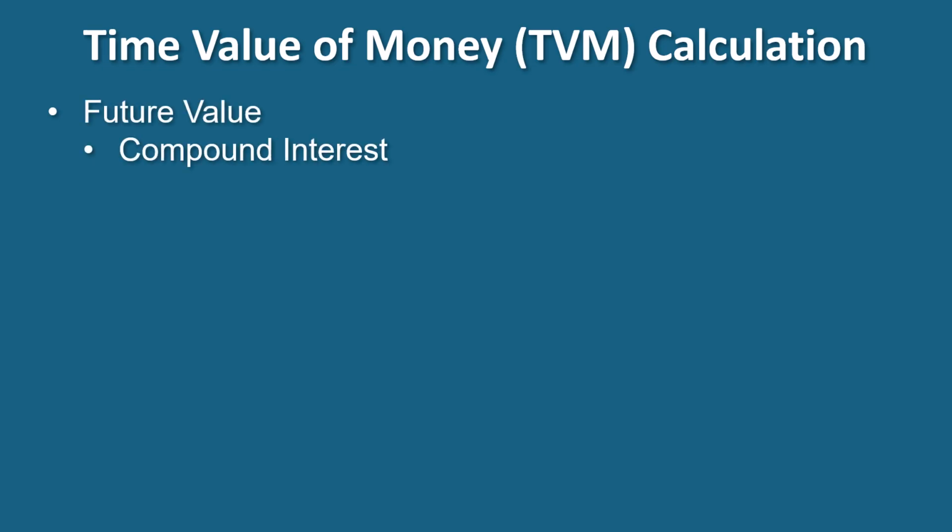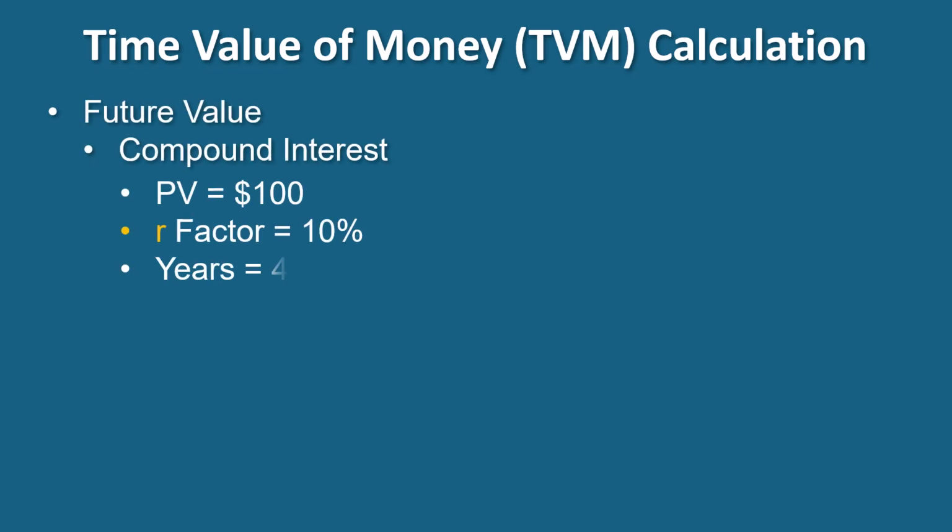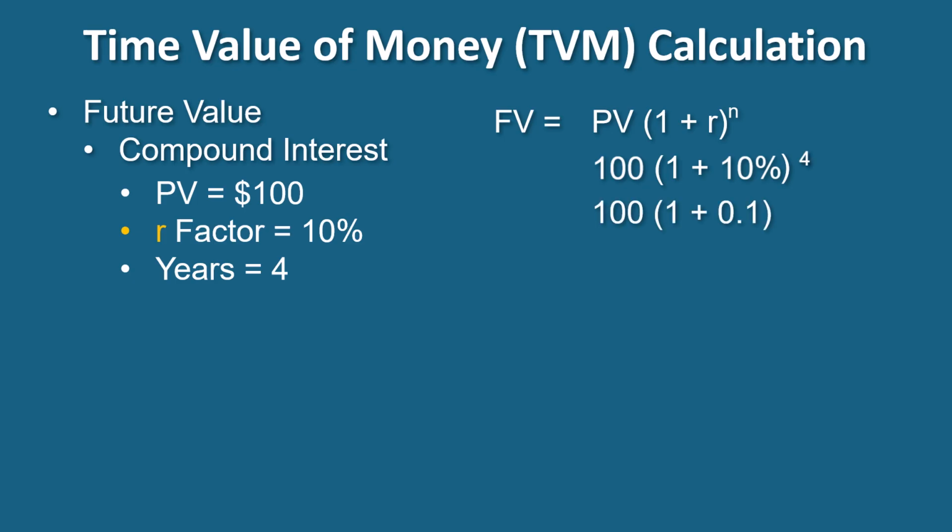Now, let's calculate using compound interest with the same data. The formula is future value equals present value multiplied by open bracket 1 plus R close bracket raised to the power of n. Let's put the data in the formula. Present value is $100, R equals 10%, number of years equals 4. First of all, convert percentage into number, which is 0.10. 1 plus R factor, so 1 plus 0.10 equals 1.10.